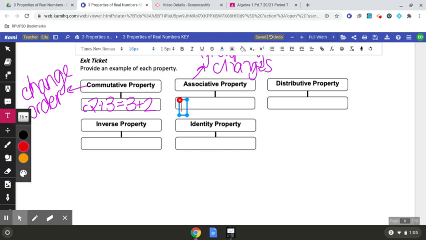So if I have (2 plus 3) plus 5, and that's equal to 2 plus (3 plus 5), notice that my order did not change here, right? 2, 3, 5, 2, 3, 5, right? What's going to change is what's grouped. So on the left side, the 2 and the 3 can be grouped together. And on the right side, I'm going to group my 3 and my 5. Now, again, you might have a different example. Just make sure your order stays the same, but your parentheses move and change the grouping.